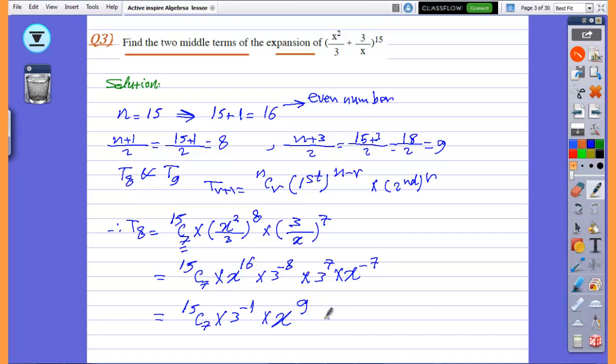So the first middle term equals 15C7 multiply 3 power negative 1 multiply x power 9.